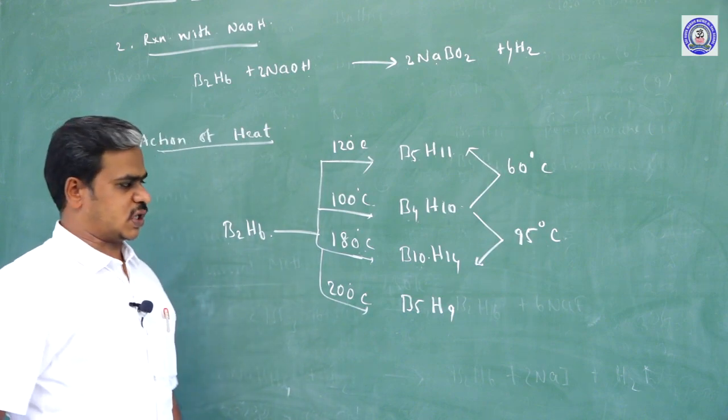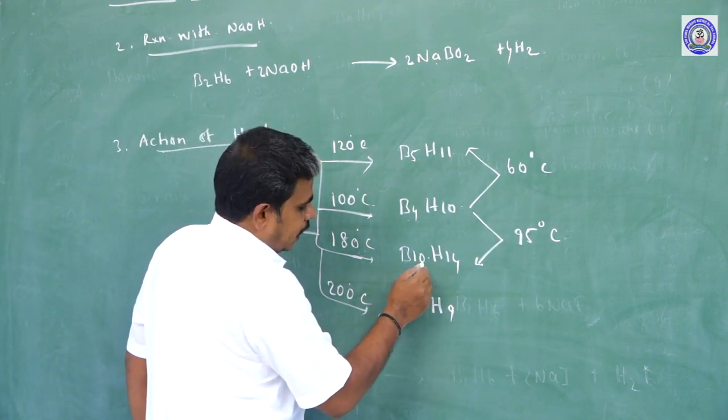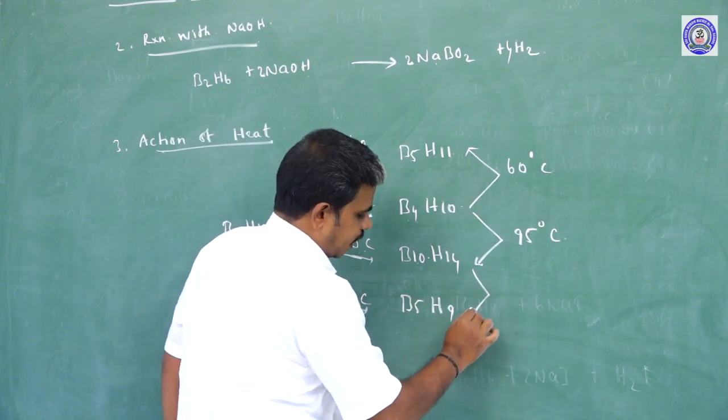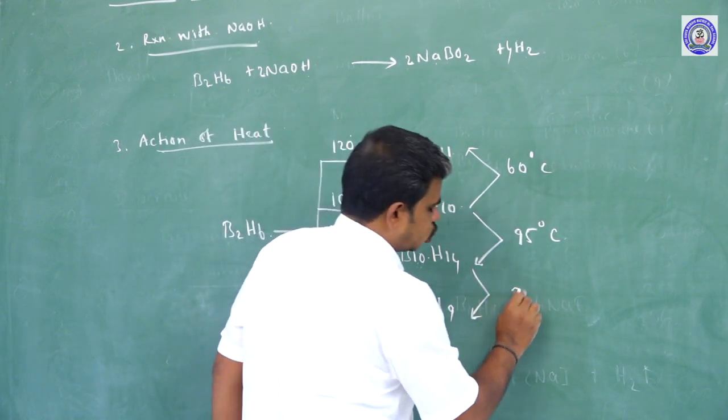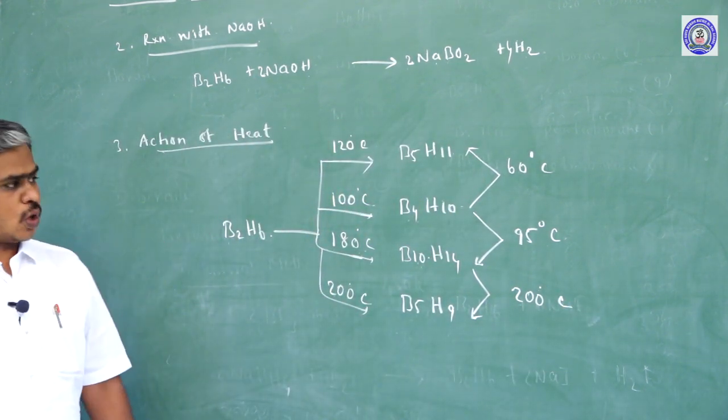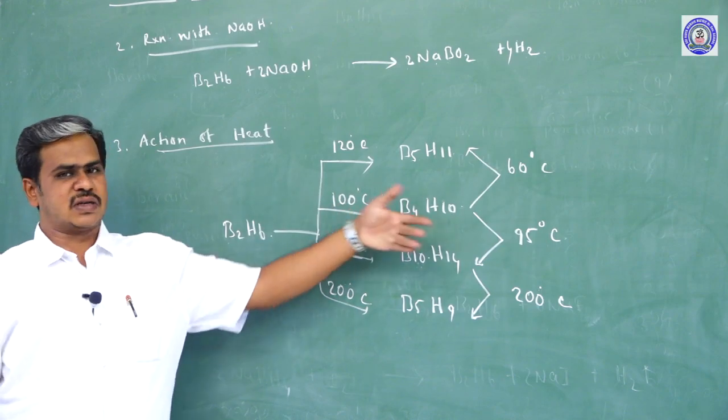And decaborane is converted into pentaborane at 200 degrees Celsius. So, these are interconvertible.